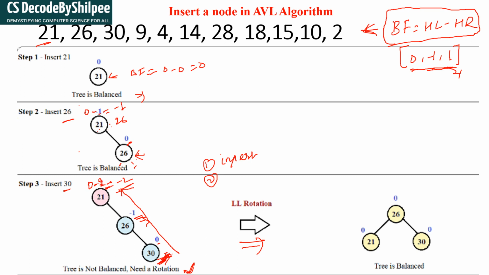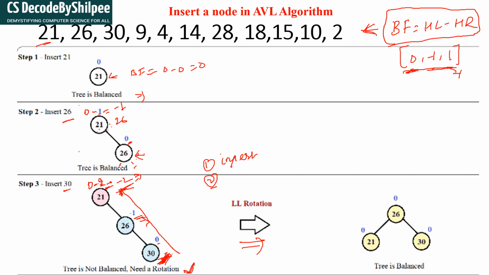Do remember this. I inserted 30; from there to the root node I calculate the balance factor, and wherever in between a node violates the balance factor property, meaning it is not in the range, there we stop and check what type of rotation will be performed. Here, going from 30 up to 21, the balance factor is violating, not coming in the range.